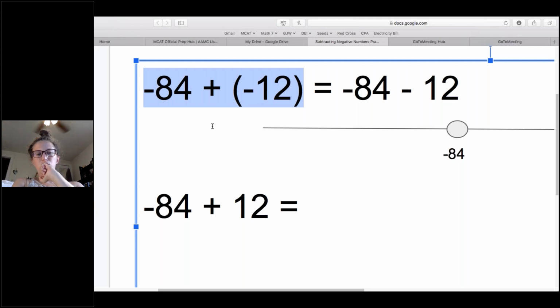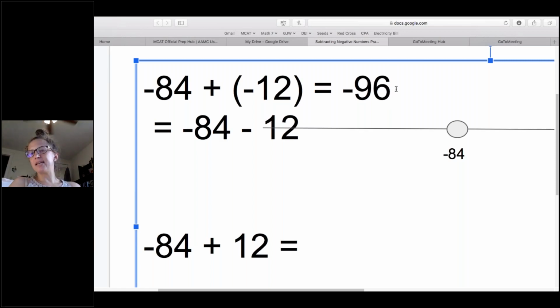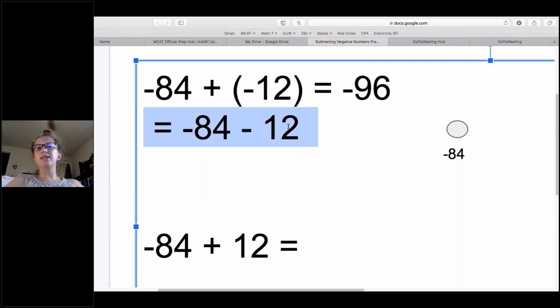Your signs are the same, so I want you to think about just adding these numbers as if they were both positive. So it's 96. Is that going to be positive 96 or negative 96? Negative 96. Perfect. So anytime you see an addition problem with two negative numbers, just think, what would I get if they were both positive, and then make it negative. When they're the same sign you add and keep the sign.